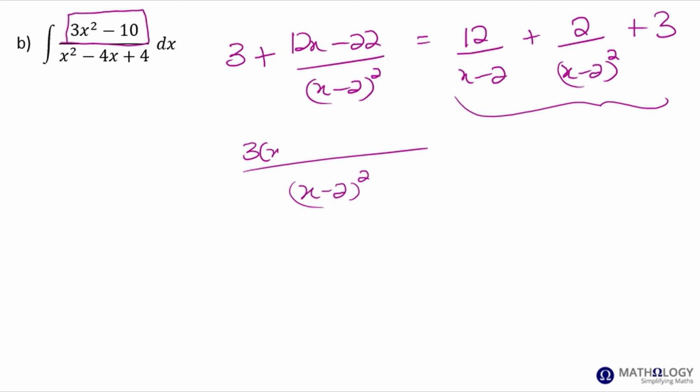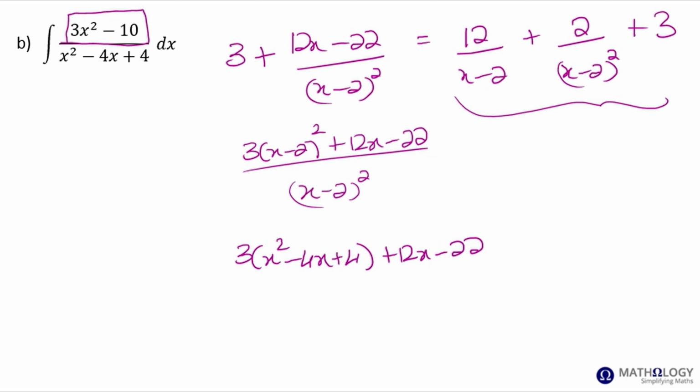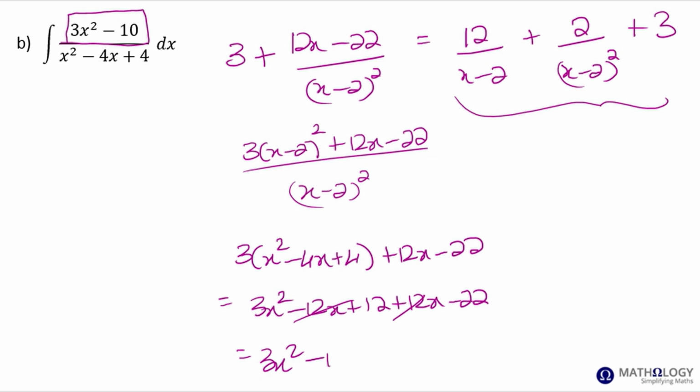So we have 3 times x minus 2 all squared plus 12x minus 22. That's 3 times x squared minus 4x plus 4 plus 12x minus 22. I'm not going to write the denominator down just for space. So we have 3x squared minus 12x plus 12 plus 12x minus 22. 3x squared minus 10, right?